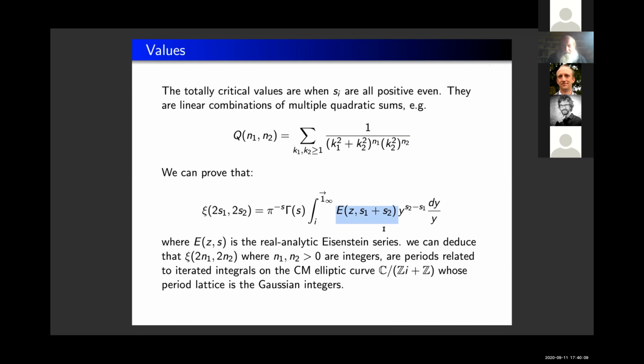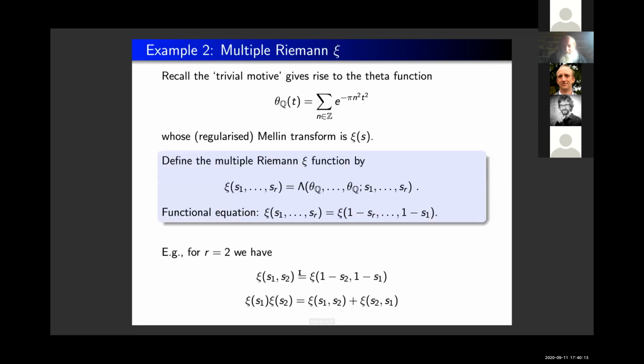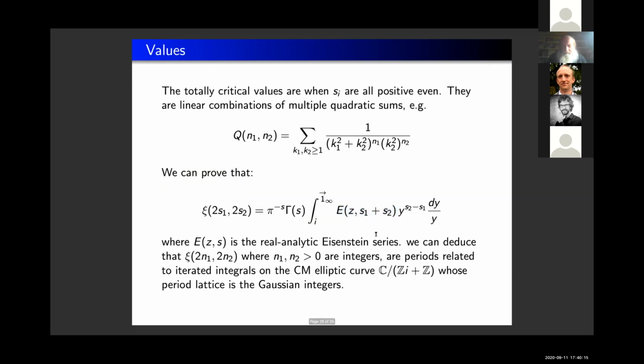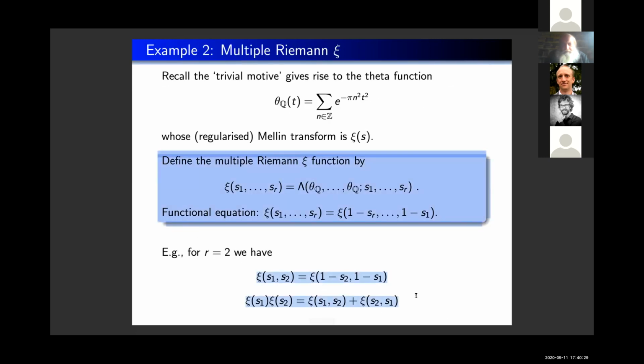And it's a really fun exercise to check that the two functional equations I wrote down here follow from 2 properties of the real analytic Eisenstein series: its functional equation and its modularity. If you knew this formula in advance, you'd very easily deduce these 2 formulas.